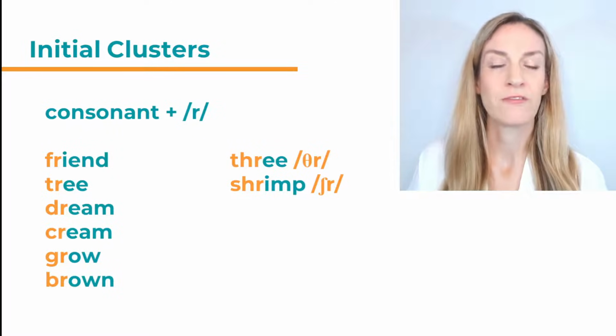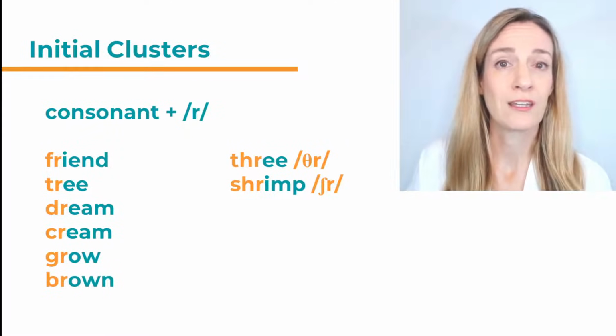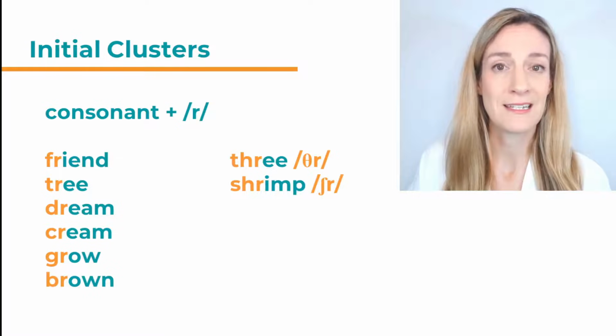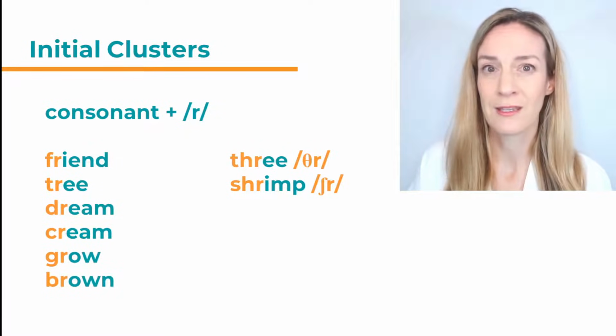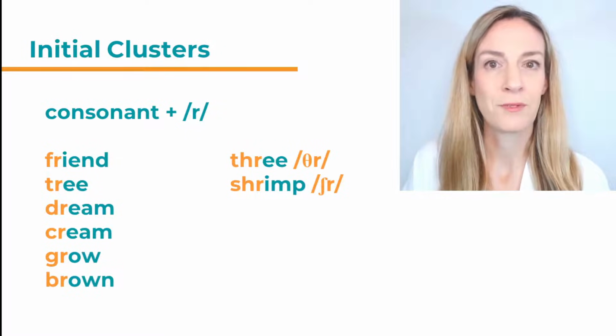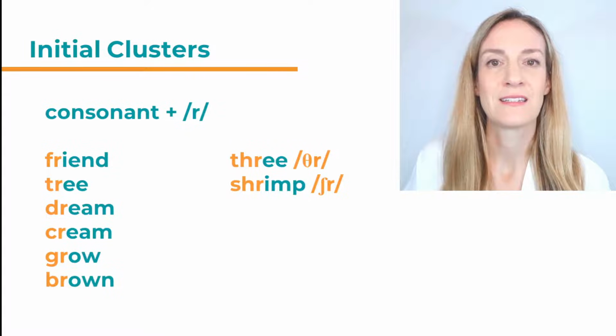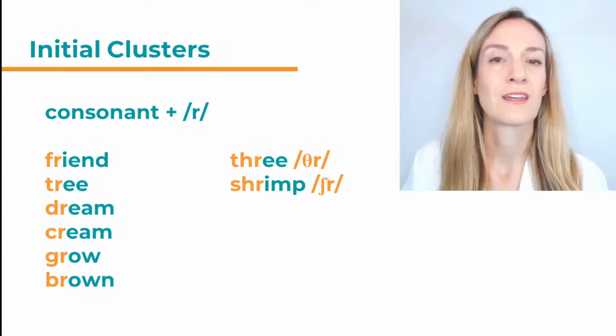I put down the phonemic transcript for three and shrimp because it looks like three letters, but they only form two sounds. So I'll say the words again and repeat. Friend, tree, dream, cream, grow, brown, three, shrimp.